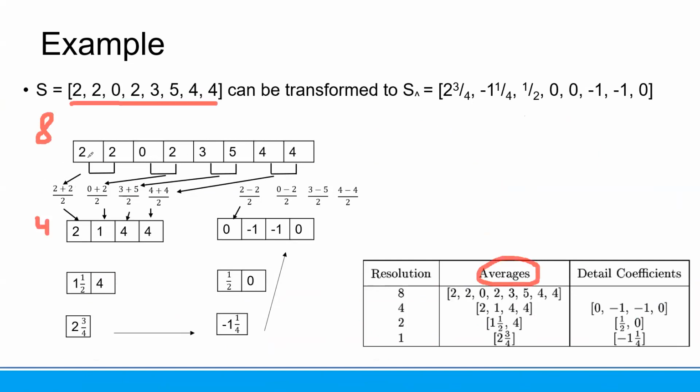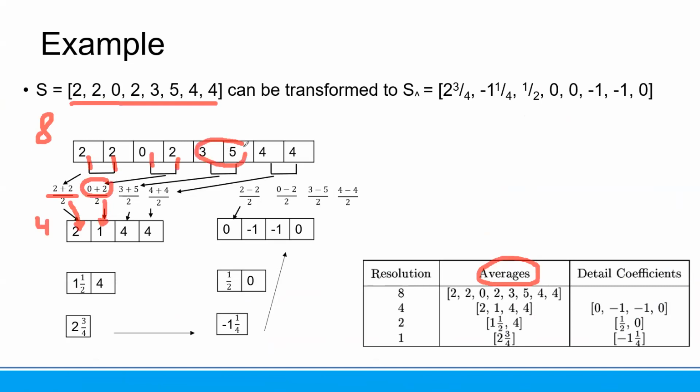We select two components, 2 and 2: 2 plus 2 divided by 2, then we put it in the place of resolution 4. Then we have 0 and 2: 0 plus 2 divided by 2, and the result will be placed here.